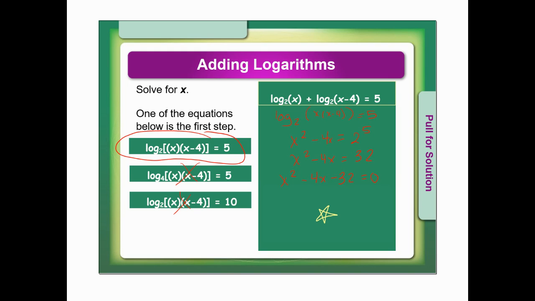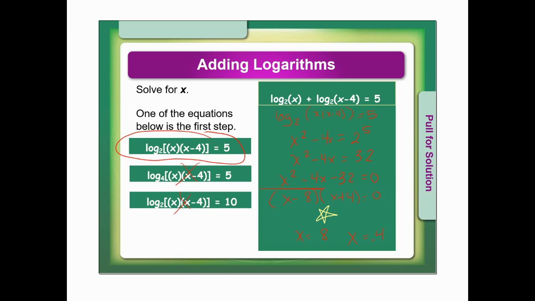And then factors of negative 32 that add to negative 4 are 8 and 4. Well, sorry, negative 8 and 4. So I get that x equals positive 8 and x equals negative 4.